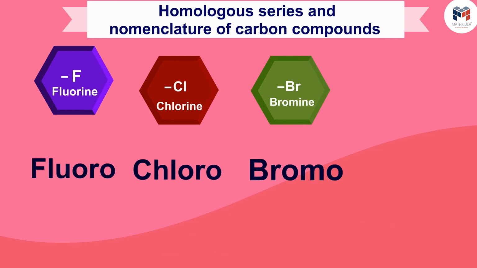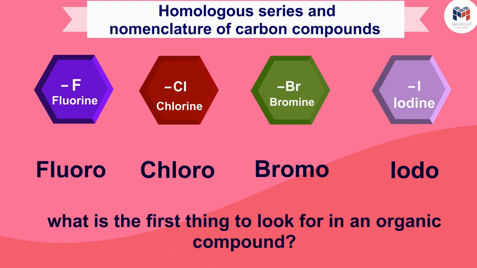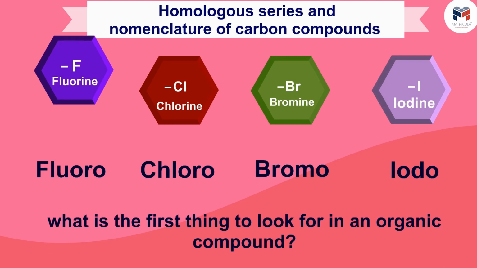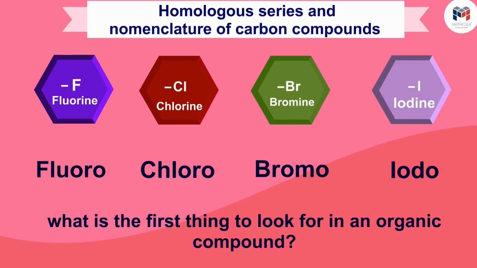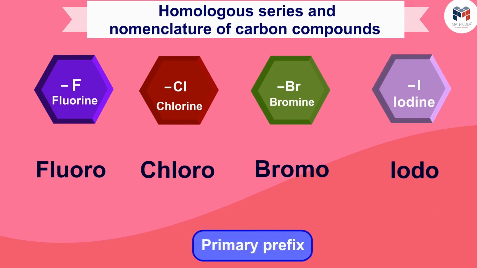And if iodine is added, then we will write iodo. So what is the first thing to look for in an organic compound? You will see fluorine, chlorine, bromine or iodine, so we can write the primary prefix accordingly.